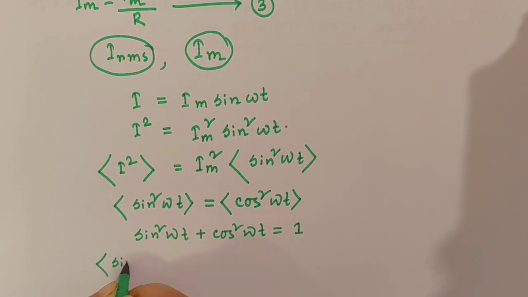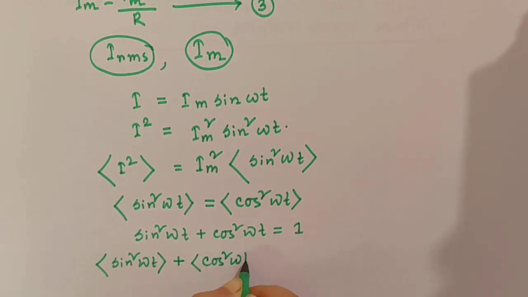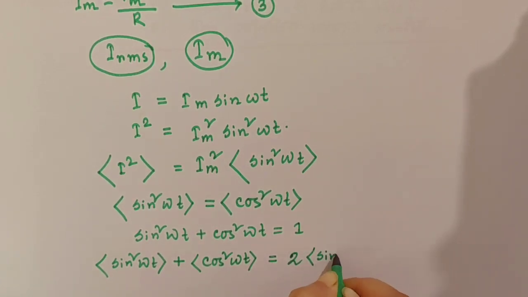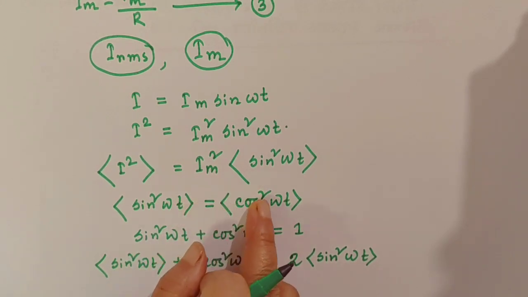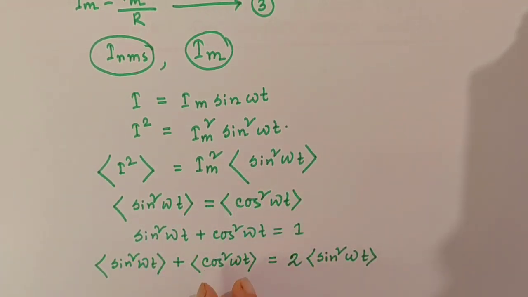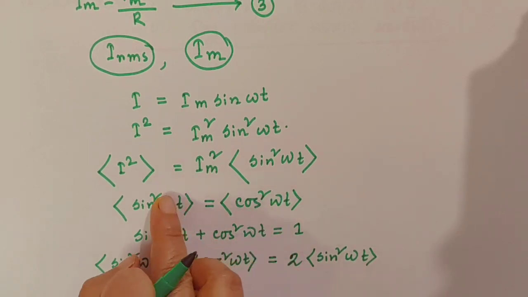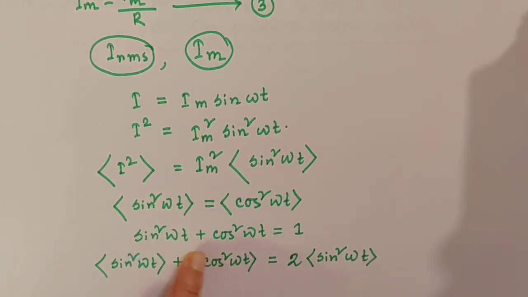Then the average value of sin square omega t plus the average value of cos square omega t is equal to 2 times the average value of sin square omega t, because the average value of cos square omega t equals that of sin square omega t. So in place of cos square omega t, we put sin square omega t.